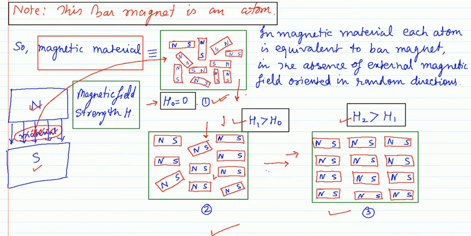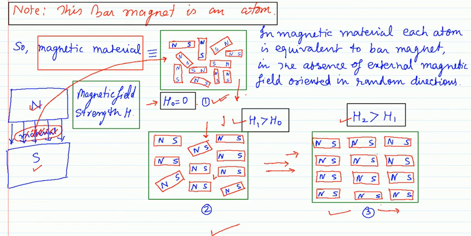When you further increase the intensity of the external magnetic field, almost all the magnetic dipoles align in the specific direction. These magnetic dipoles are basically equivalent to the atoms in the magnetic material. So all these are aligned in a particular direction.